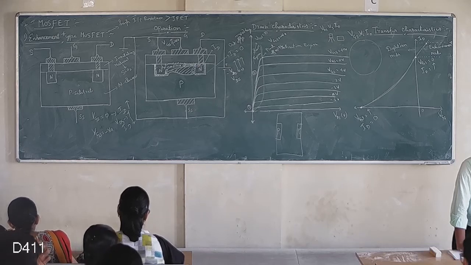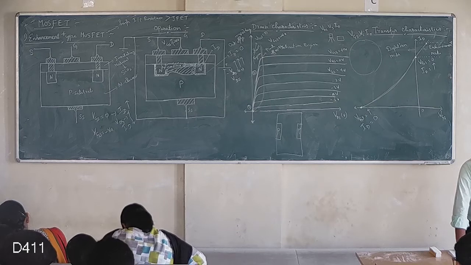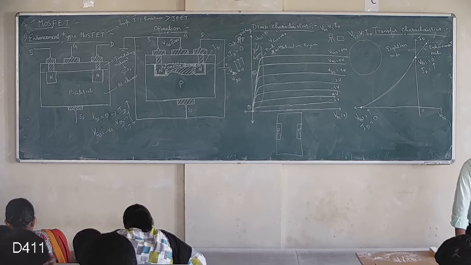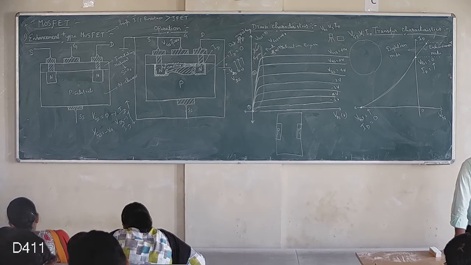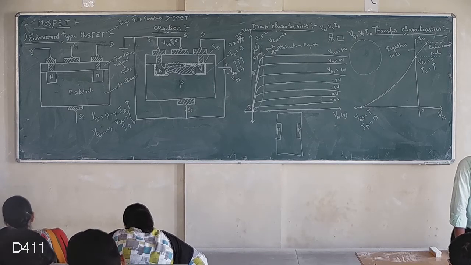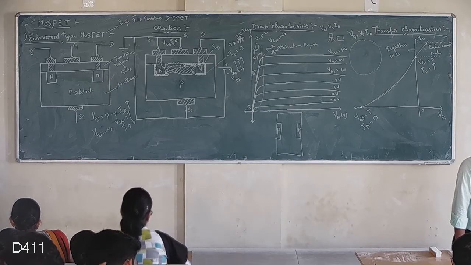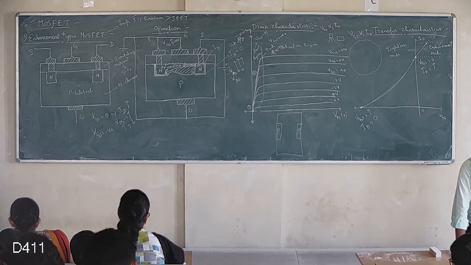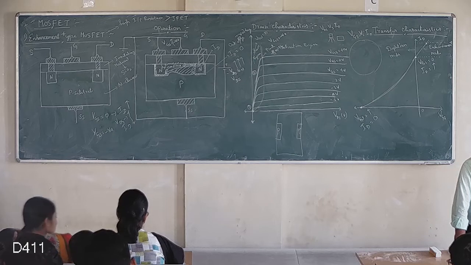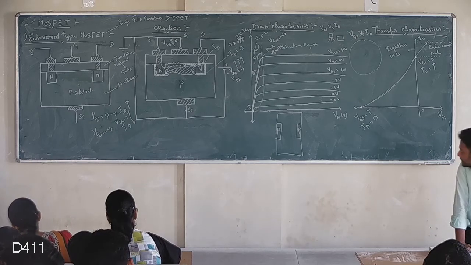The voltage at which ID reaches its constant value is called pinch off voltage.